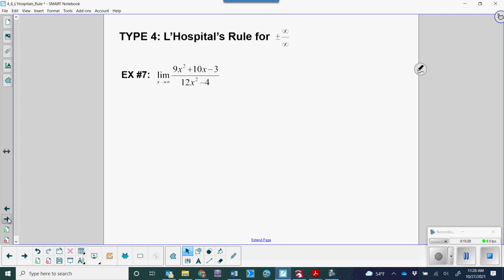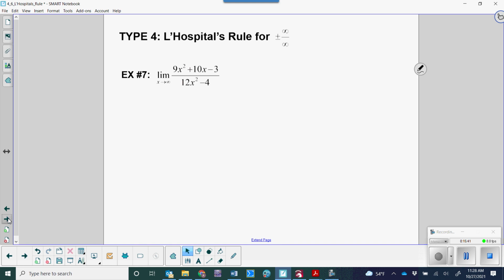Okay, so here's an example, example 7, where I could use L'Hopital's rule. However, we've already learned how to do this, and I would not use L'Hopital's rule here. You get infinity over infinity, but hopefully you're all saying in your head, this is a rational function.